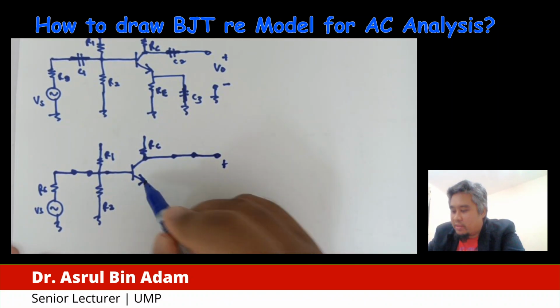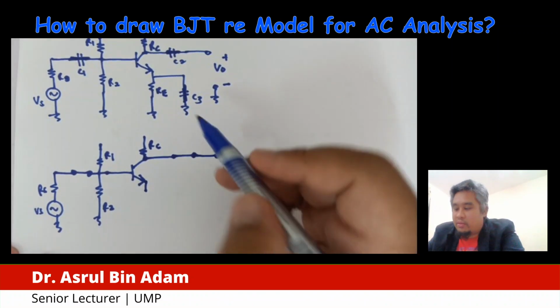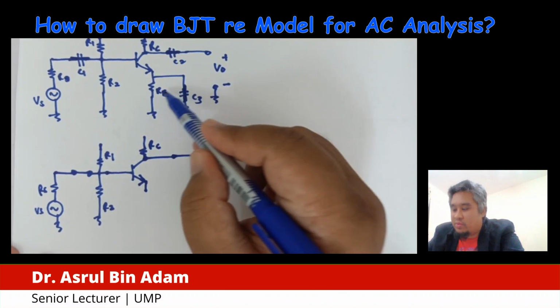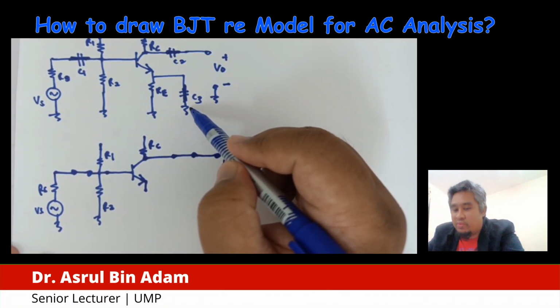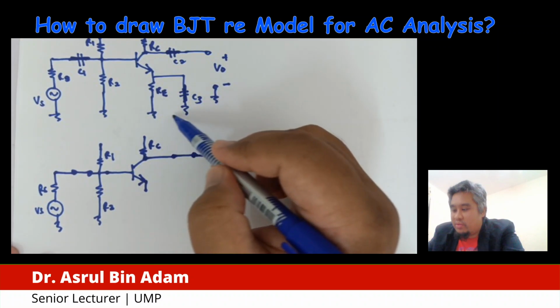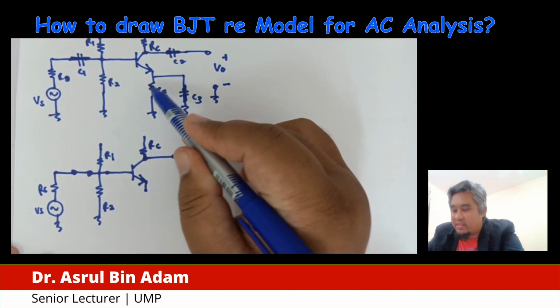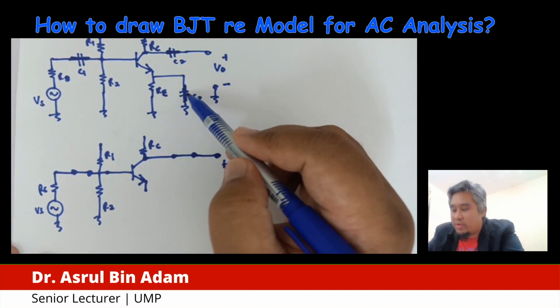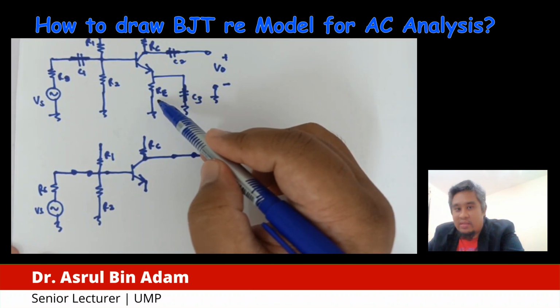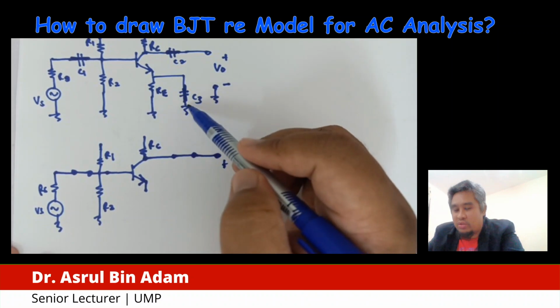Okay, next, this part: we have two lines here, RE and C3, that we have replaced with a short circuit. As you know, in the fundamentals of electrical circuits, the current will go through which one? To RE or to this short circuit?